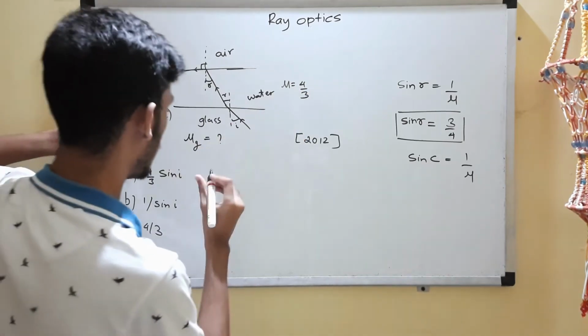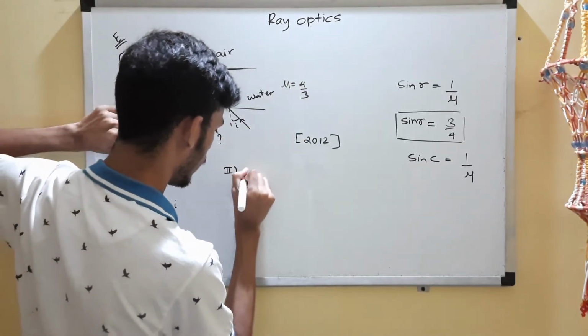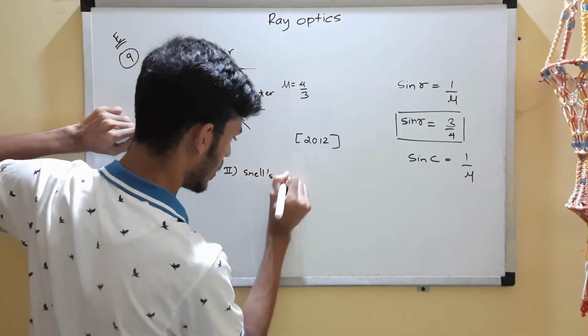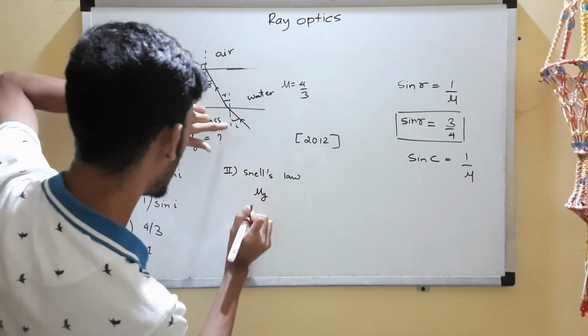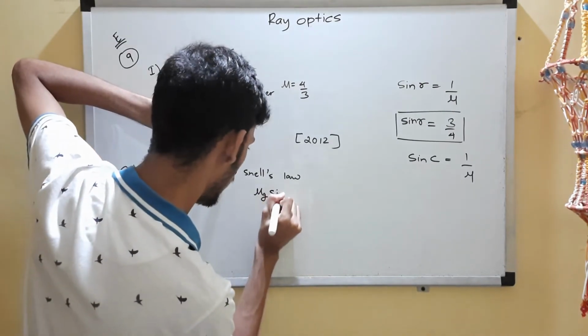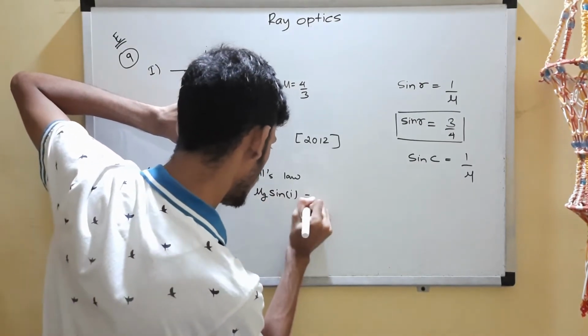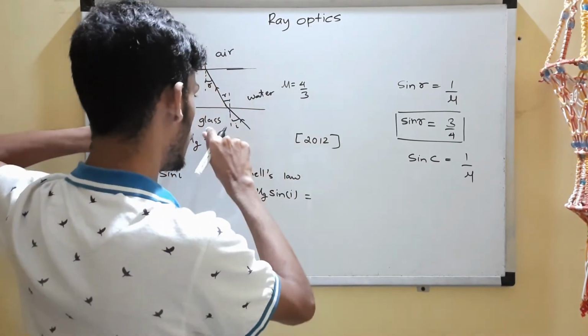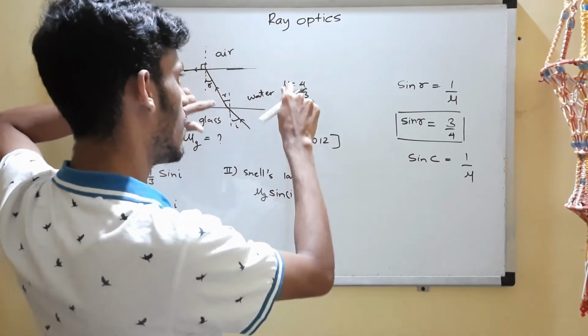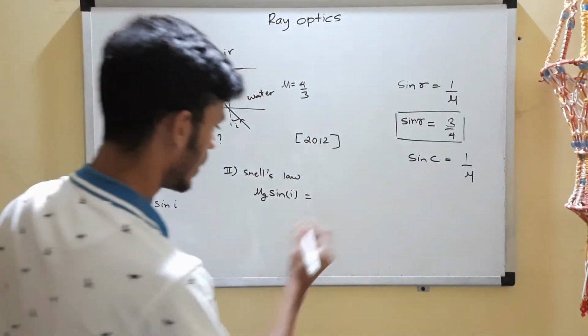So let's apply Snell's law on the second surface. Mu of glass into sine of this angle, sine of I, is equal to mu of water into sine of this angle. Mu of this into sine of this, mu of this into sine of this, that is Snell's law.